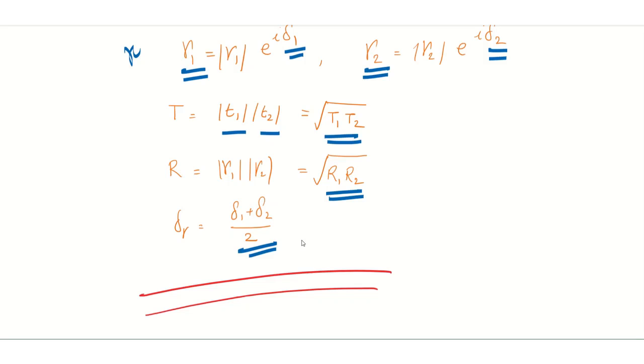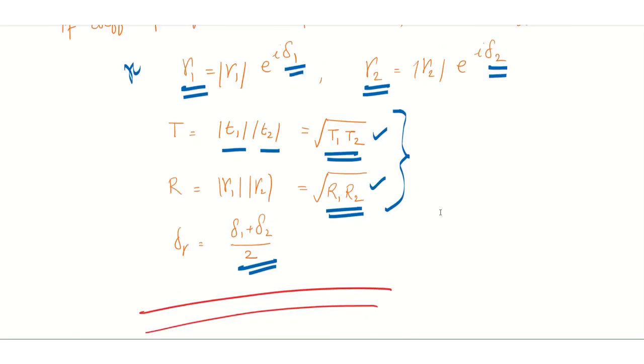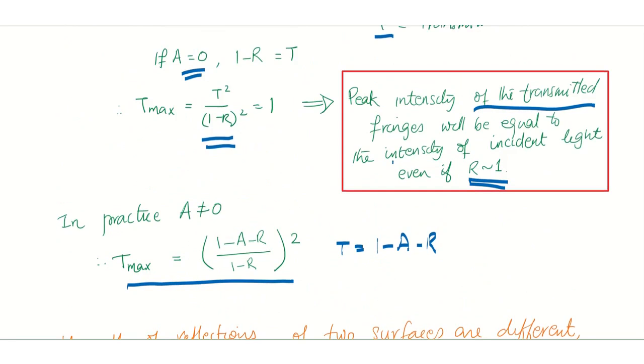It's better to keep these equations in mind, because if you are asked to solve a problem, you should understand that these are the values that you need to take instead of taking one value. And that is about multiple beam interference.